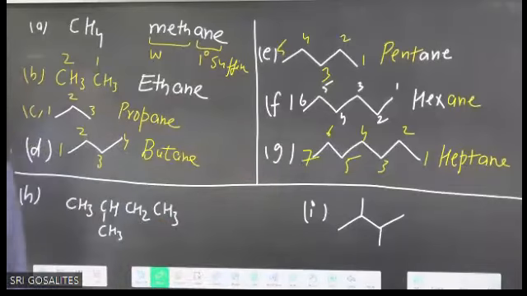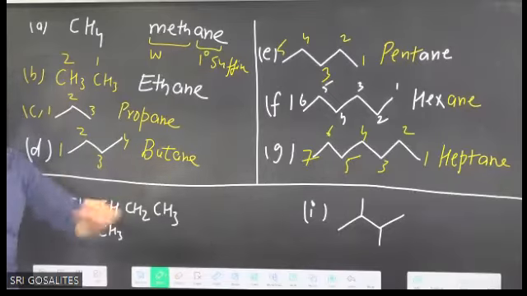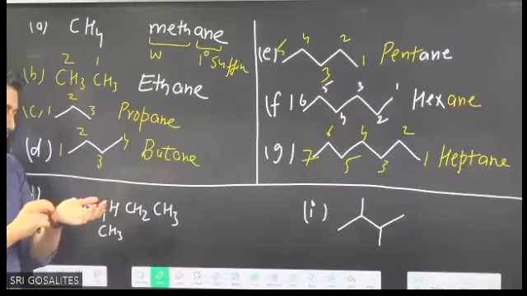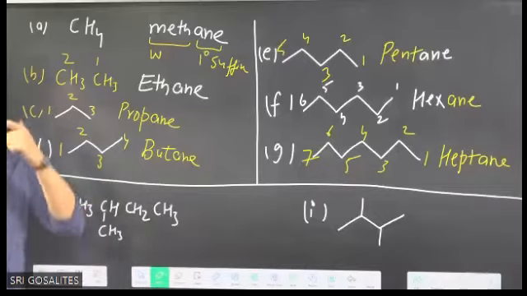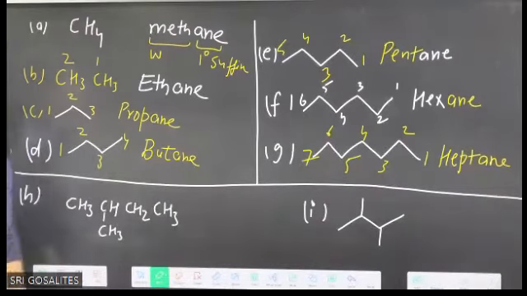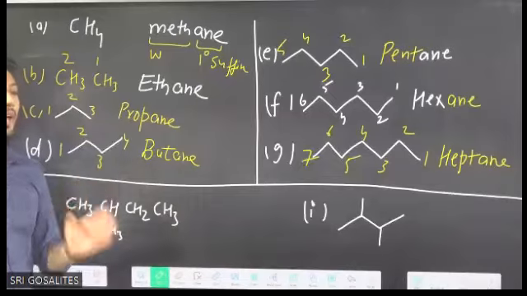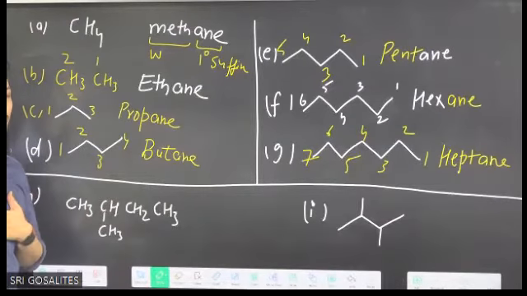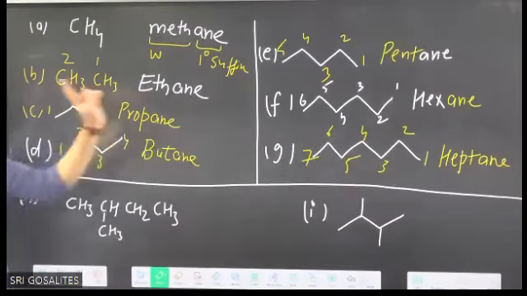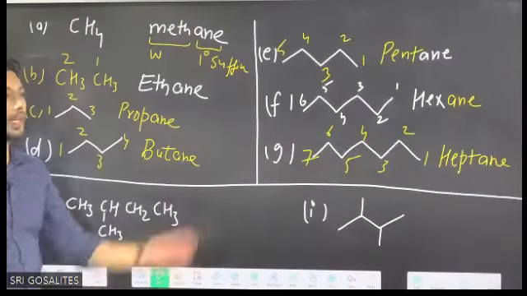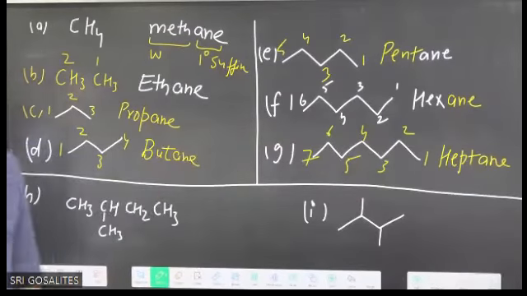The remaining examples, I'll say. Yesterday's lecture is somewhat linked. Yesterday's lecture was there in which the sequence was given. So you can refer to that lecture also. It is uploaded on YouTube already. Any side you can do the numbering, select the longest chain. First point is select the longest chain and give minimum number to the substituents. The first 6 or 7 examples are without substituents. That's why directly writing root word and primary suffix.